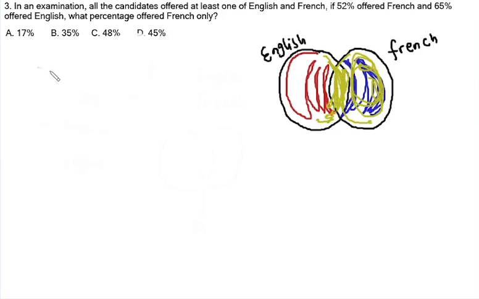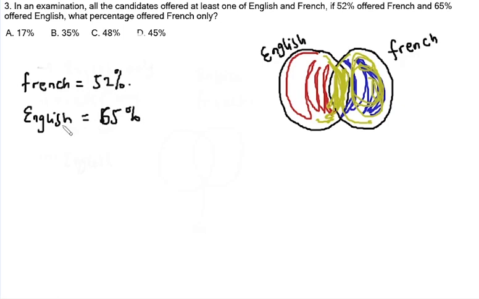Okay. So for this problem, we're told that 52% offered French. So let's say French is 52%. And then 65% offered English. So English is 65%. They now ask us what percentage offered French only.